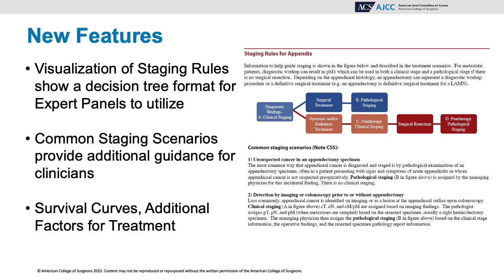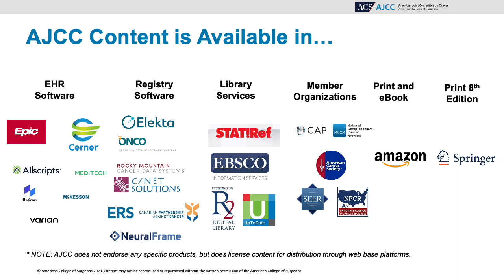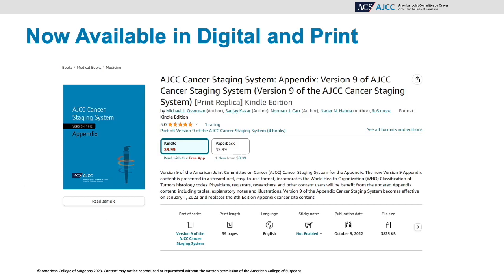Common staging scenarios will be provided, and there'll be survival curves and additional factors for treatment included. It's widely available. It's in the electronic health systems. It's available for sale. There are a variety of ways you can get that. Some of it is available from our website. And again, you can purchase for a very modest price the staging manual for the 9th edition as those are completed.